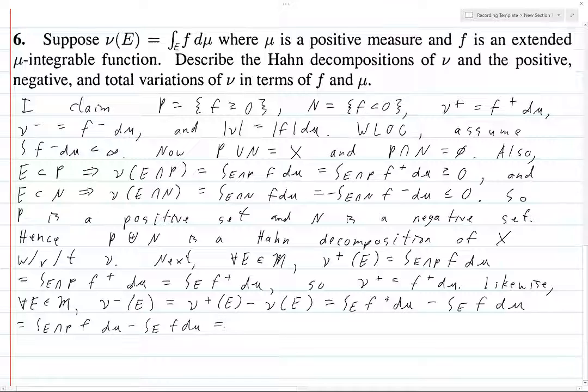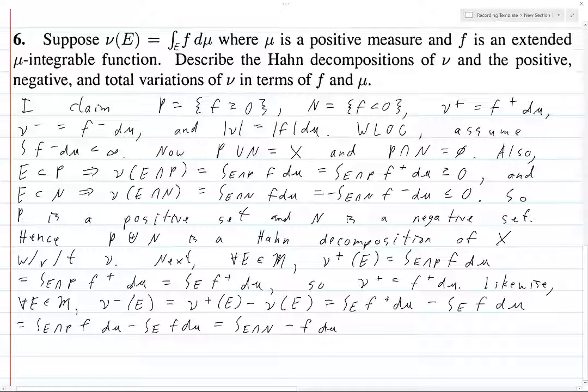And so this is actually equal to the integral over E intersect N of minus f d mu. Because when we look at E intersect P, these two cancel out. But when we look at E intersect N, this is 0 and this is still here.